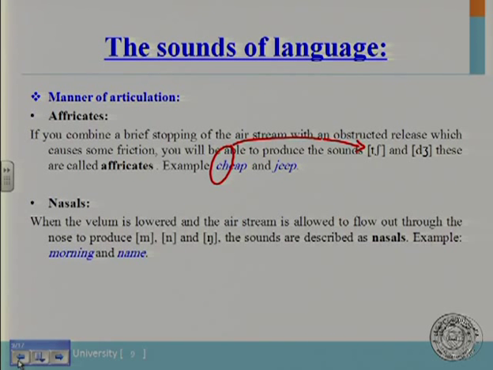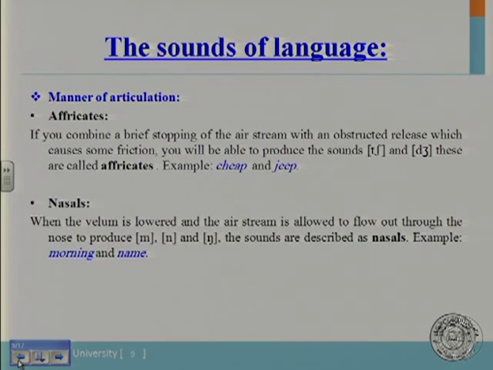And also we have j for jeep. You can feel the sound d before j. It's j, jeep. And for cheap, it's ch. There's a t before sh, so it becomes ch, cheap.